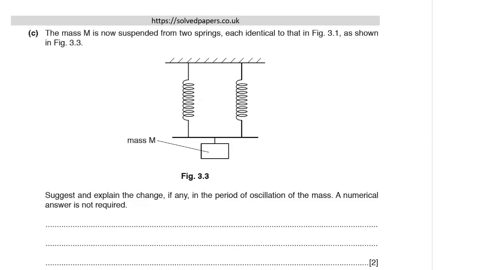Part C. The mass M is now suspended from two springs, each identical to that one of Fig 3.1, shown in this 3.3 here. Suggest and explain the change that will be noticed.